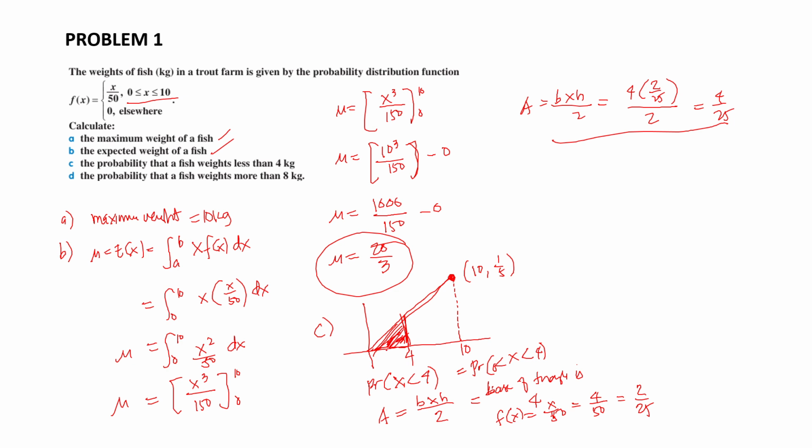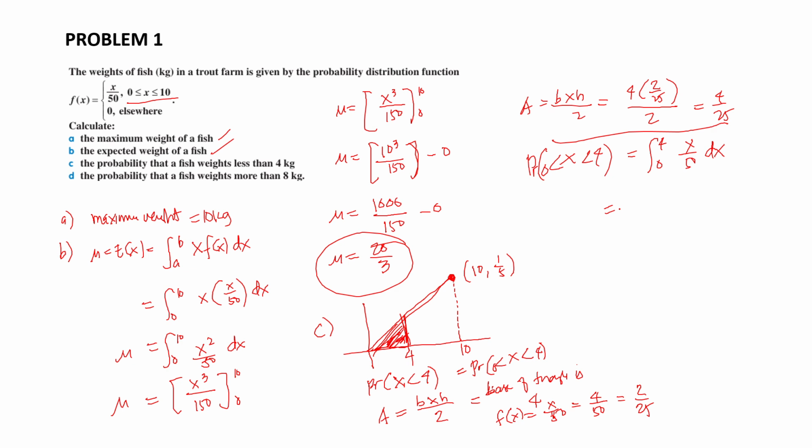Or you could solve using integration. The probability that x is greater than 0 and less than 4 is the integral from 0 to 4 of x over 50 dx.